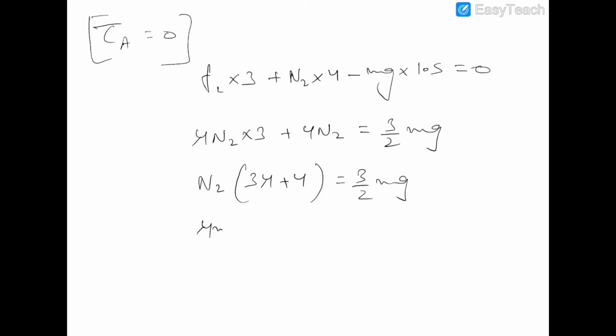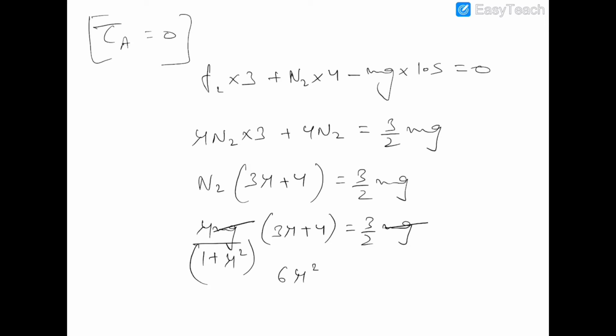So this is mu mg upon 1 plus mu square into 3 mu plus 4, and that is equal to 3 by 2 mg. Now cancelling this mg with mg, the equation which we have got is 6 mu square plus 8 mu is equal to 3 plus 3 mu square.